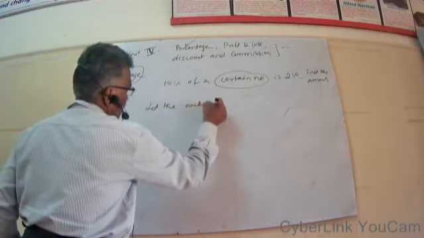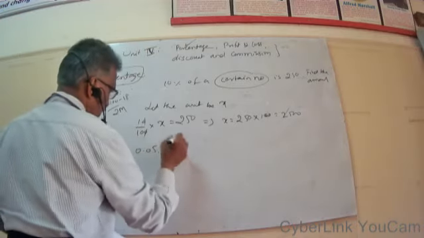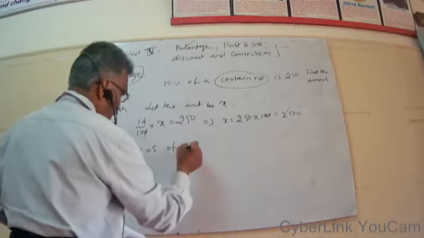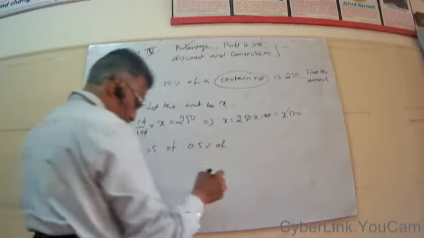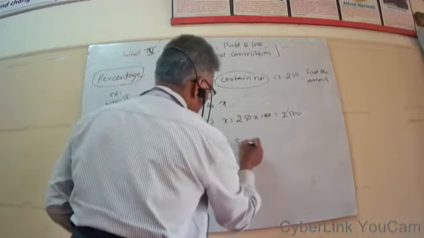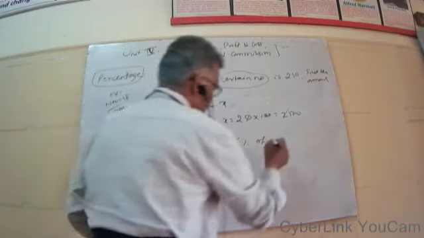Next example. You do this. Find 0.05% of 0.5% of 5% of 10 lakhs.